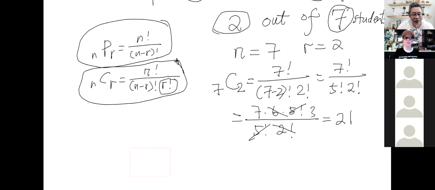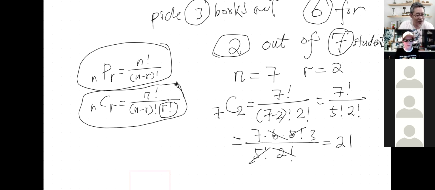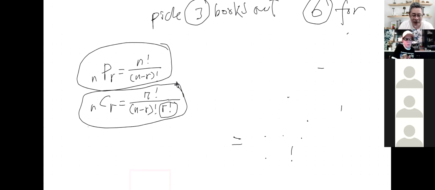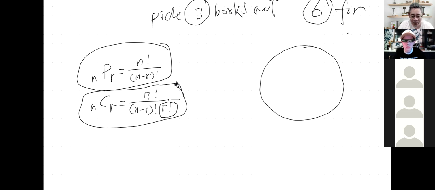Now I'll just give you one more. We do pretty much the same thing. So let's see, we have a circle and we put 5 points on that. Then we can make triangles.